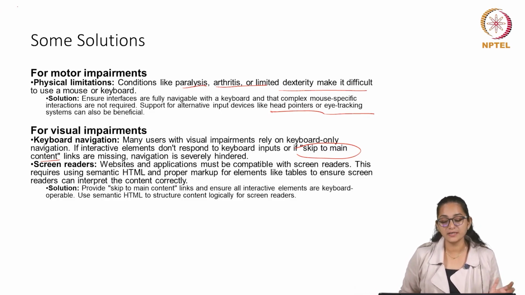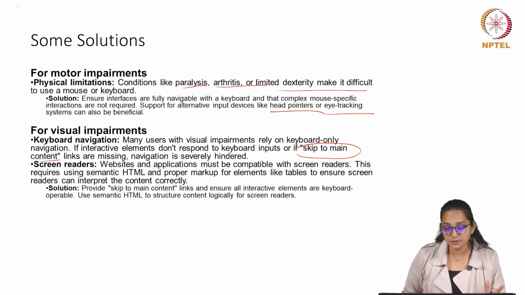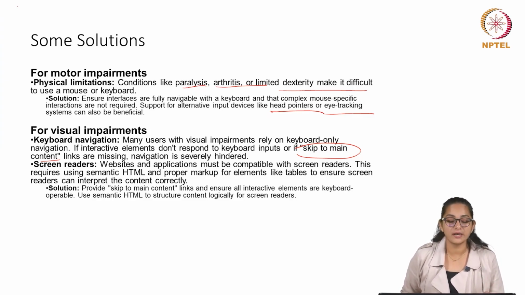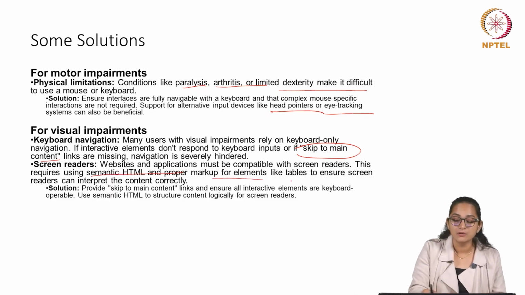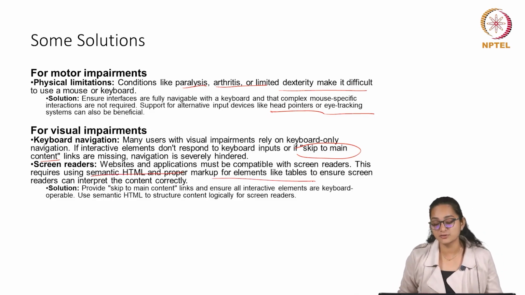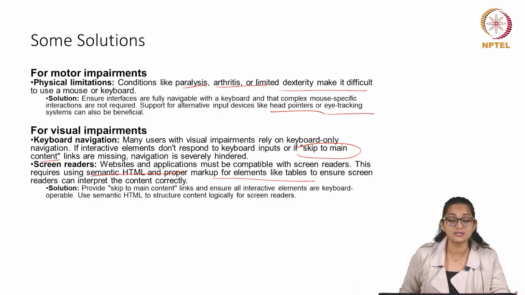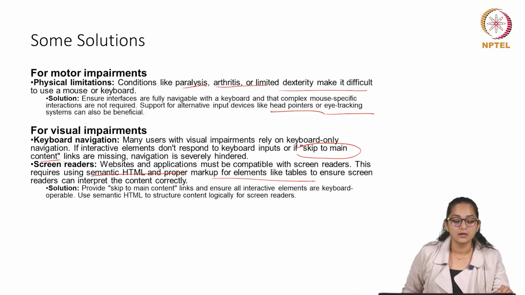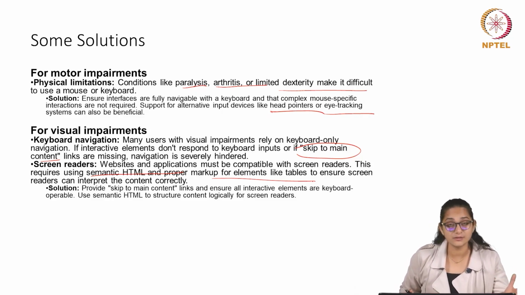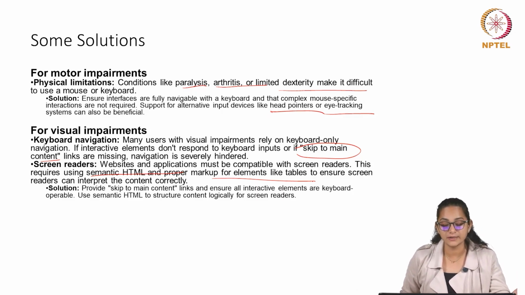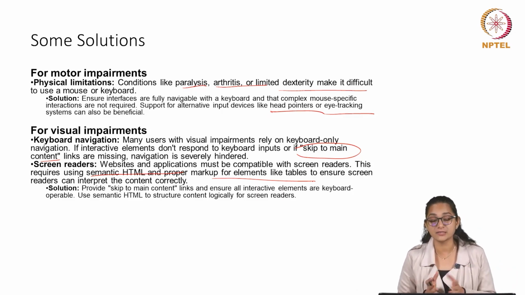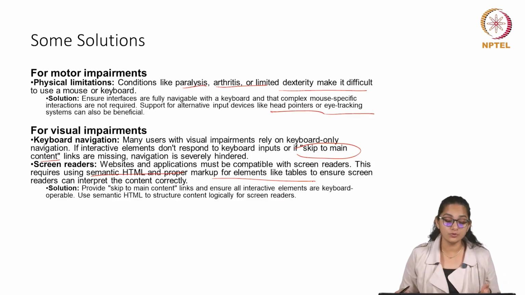Screen readers: websites and applications must be compatible with screen readers. This requires semantic HTML code level markup for elements like tables, etc., to ensure screen readers can interpret the content correctly. As a solution, make sure that you provide skip to main content links, and ensure all interactive elements are responsive to keyboard interaction.